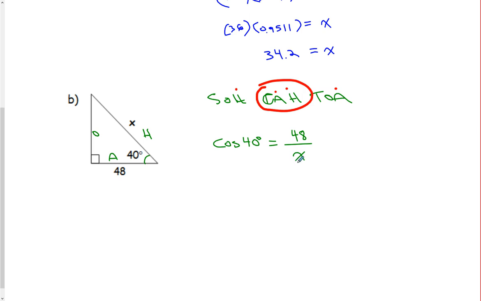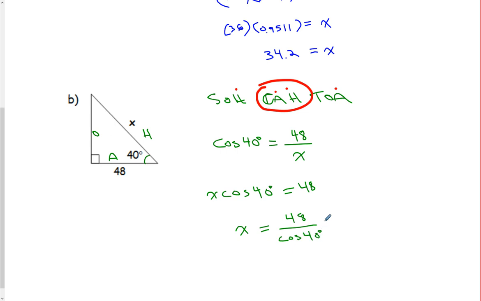That's going to get rid of it on the right and have it up over here on the left. So I'm going to end up with x cosine of 40 equals 48. And now I'm going to divide both sides by cos of 40. So if I divide both sides by cos of 40, it disappears here on the left, and it ends up under here on the right.